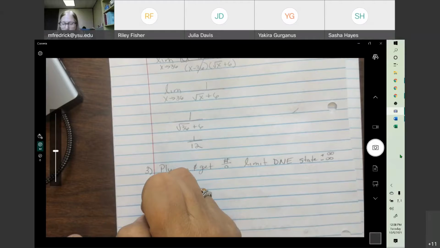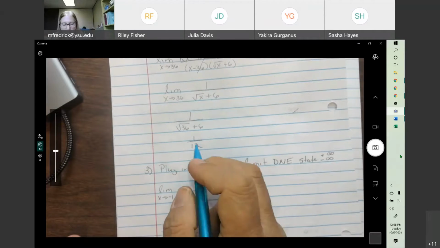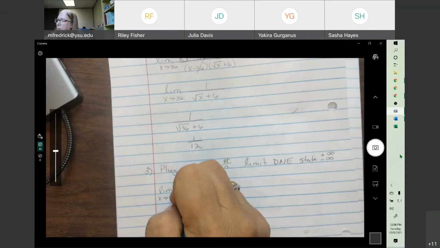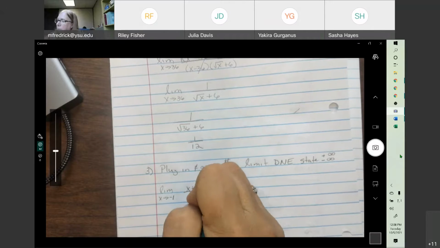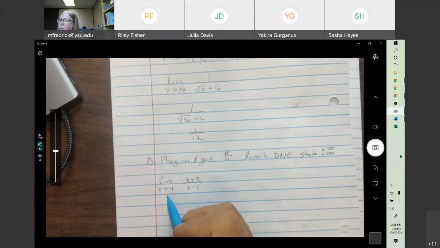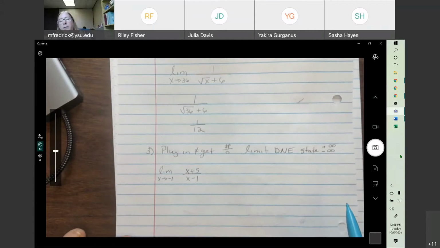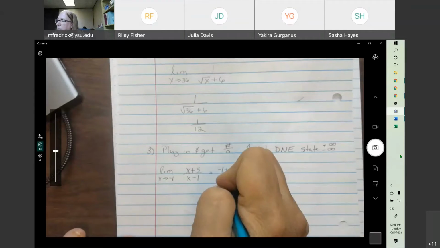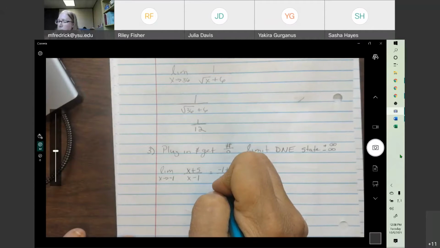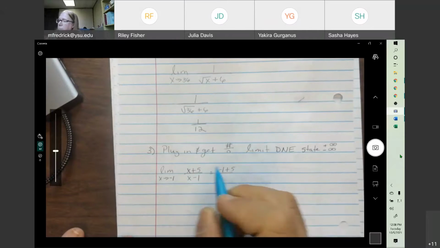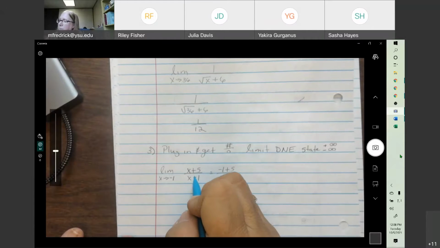So if we look at an example, limit as x approaches -1 of x plus 5 over x plus 1. If you plug in the -1, we make this a plus sign.